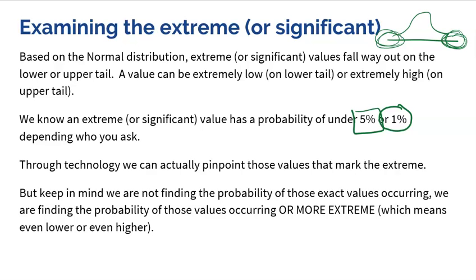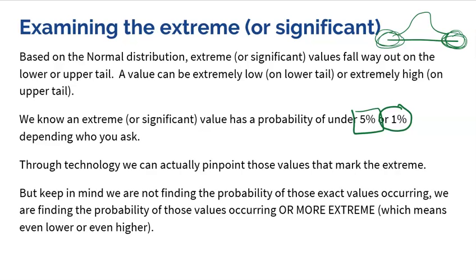Keep in mind that through technology, we can actually pinpoint these values that mark the extreme. But it's super important that you understand that when we're talking about the probabilities, we're not finding the probability of these extreme values alone. We're finding the probability of these extreme values or even more extreme.